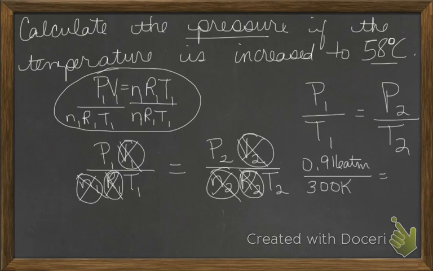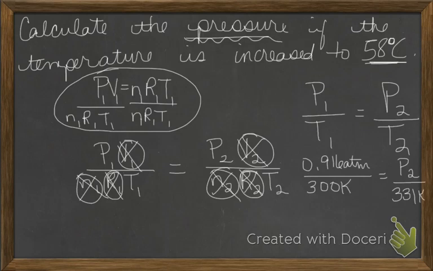What is P2? That's what we're calculating. Calculate the pressure at T2, this temperature of 58 degrees Celsius. So I would have to add 273 to that. Don't make the mistake and leave it in Celsius. That's going to be 331 Kelvin.